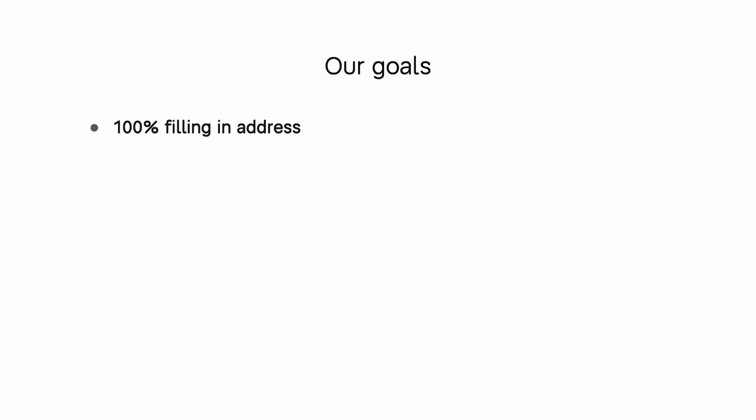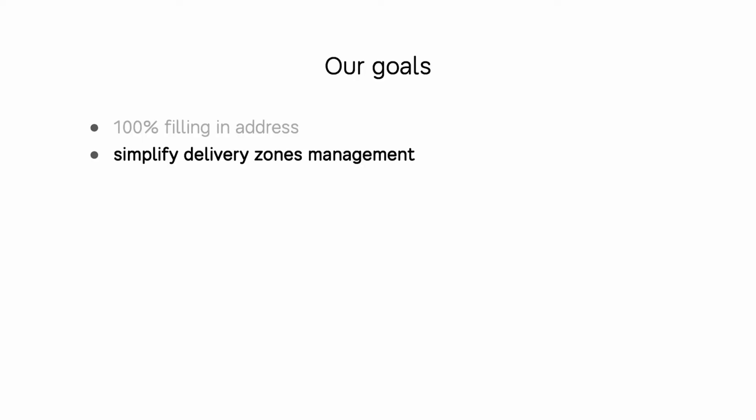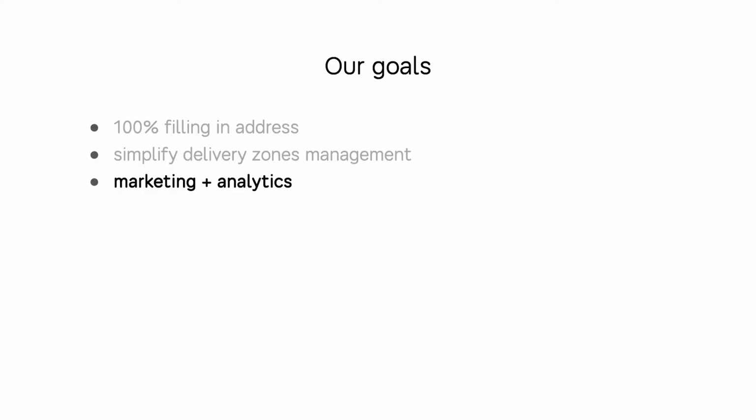We began our work in October 2020. Here are our main objectives. First, of course, the most important is to help 100% of our clients painlessly fill their address in. Secondly, we want to simplify delivery zone management, because now it requires a ton of tedious manual labor from our managers who create these delivery zones manually.